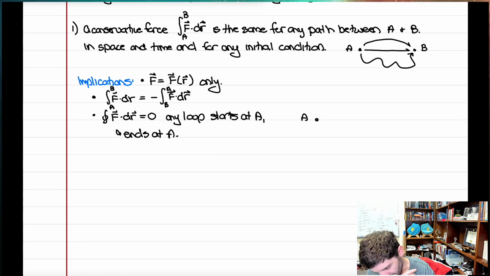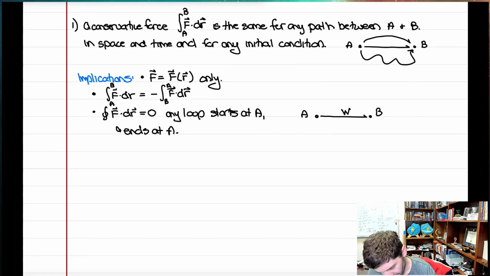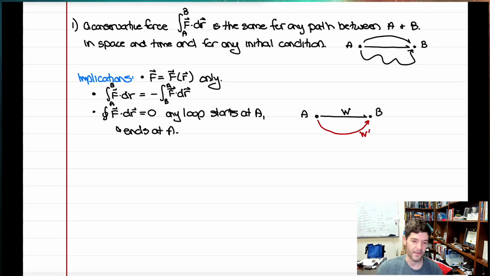If I have, here's A and here's B, how can I prove that the work done by doing a loop is 0? Well, let's imagine I go from A to B, and that amount of work is W. But then I also go from A to B on this other path, and there's some other amount of work that's done, W prime.